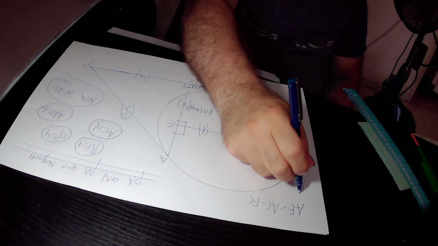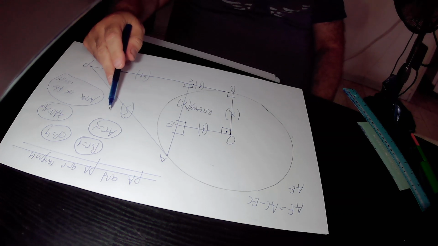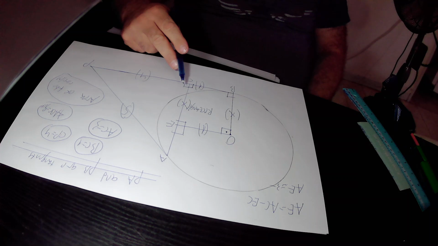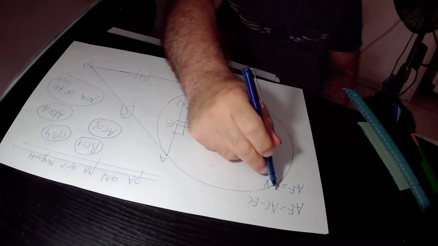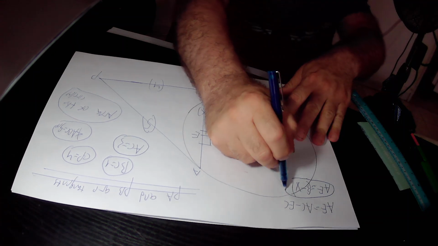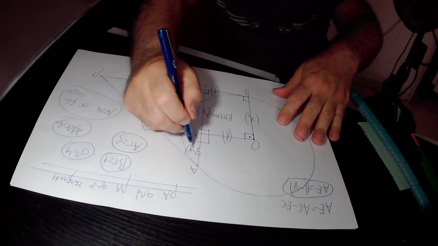So AE equals AC. We already found out that AC equals 3 units in its length, minus EC. EC equals x. So in total, we actually found out that AE equals 3 minus x units in its length.